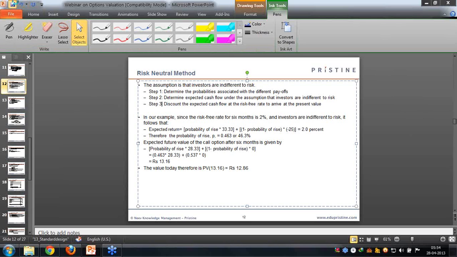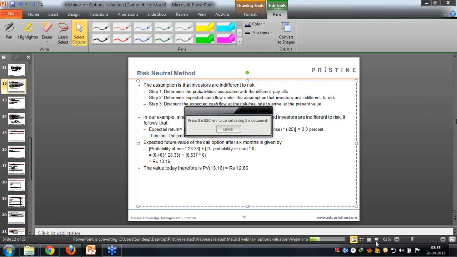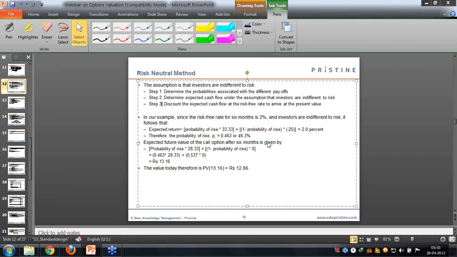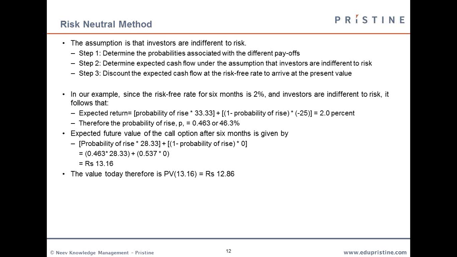And here we'll again discuss the same example. We had the risk-free rate as 2%. So in this case, what we do is we try to find the risk-free probability based on which we can proceed forward.